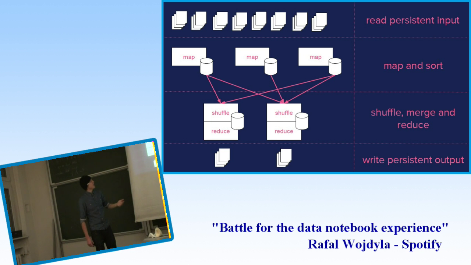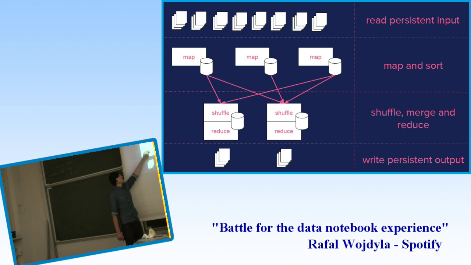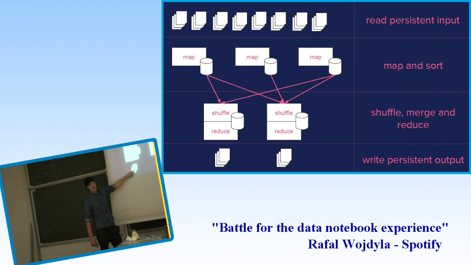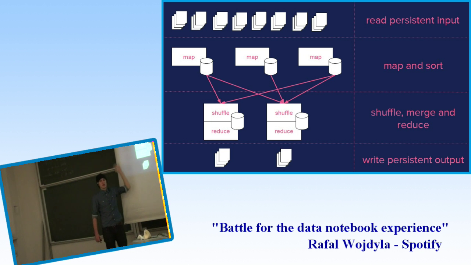Then mappers will store the data on the local disk, and then in the shuffle phase of the reduce phase, shufflers will get the data from the local disk, and the reduce can also spill to disk if needed. And after reduce, all the data goes to HDFS or whatever persistent file system you have.